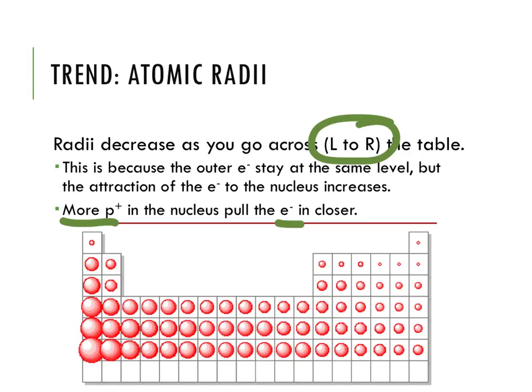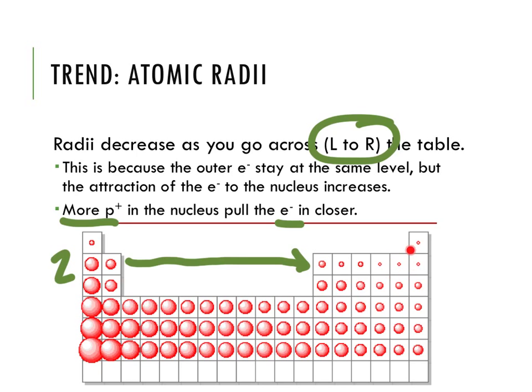So within the same period, so like if we look at period 2, they're going to get smaller. Because by the time you make it over to, say, fluorine, fluorine has the same number of energy levels as lithium, but it has more protons.